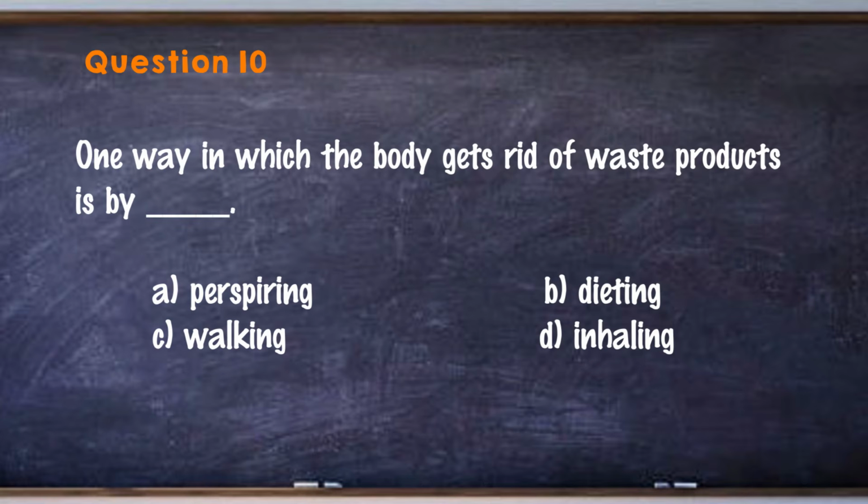One way in which the body gets rid of waste products is by A, perspiring, B, dieting, C, walking, or D, inhaling.